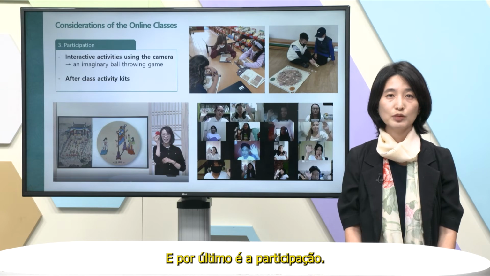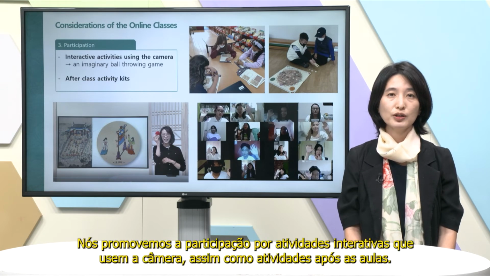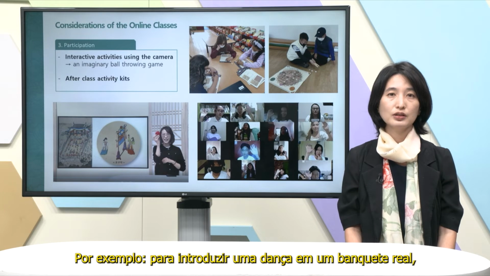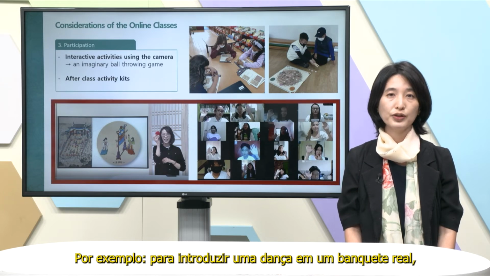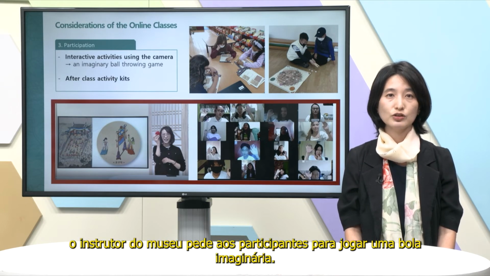And last is participation. We promote the participation through interactive activities that use the camera, as well as post-class activities. For example, to introduce a royal banquet dance, the museum instructor asks participants to throw an imaginary ball.